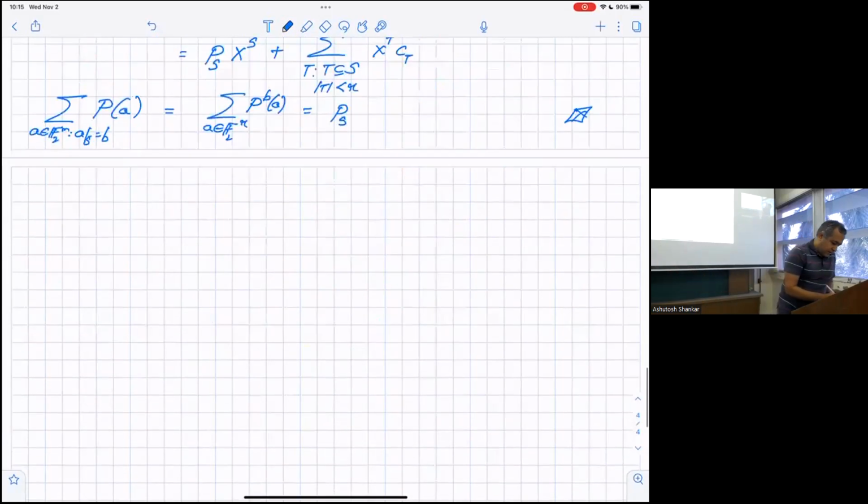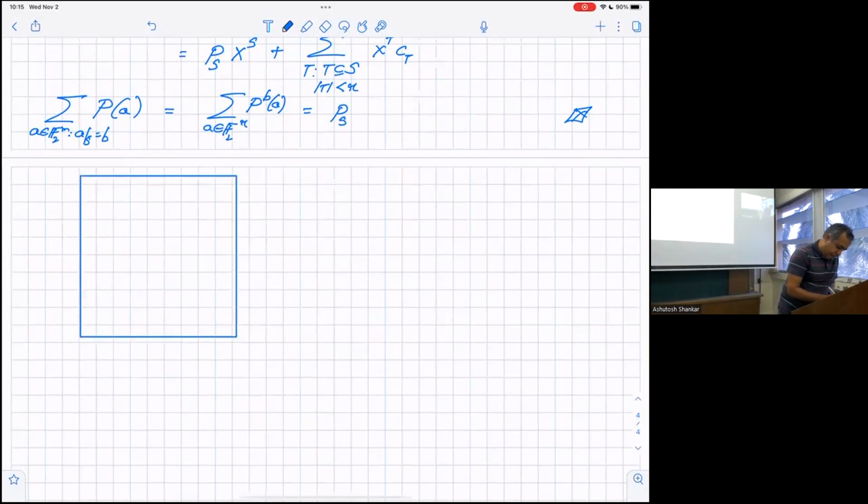So let's stare at this a little more. Let's look at the entire space. Let's think of this as F2 to the M, the entire space.